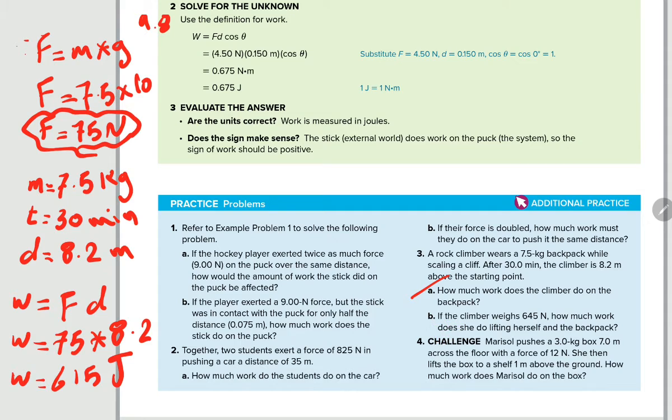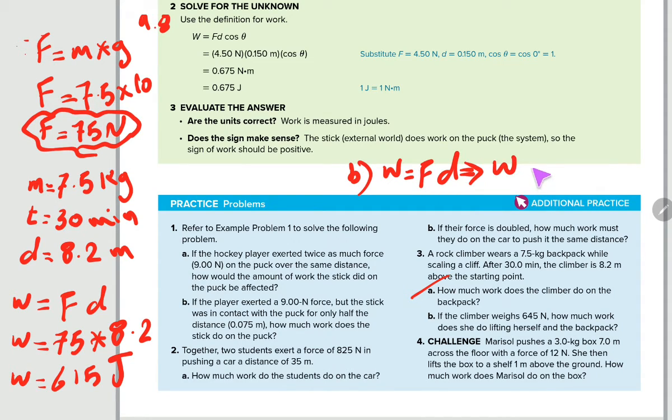And about question B, if the climber weighs 645 Newton, how much work does she do lifting herself and the backpack? Because here we have the weight, 645, the weight in Newton, the weight also represents the force. We can solve it just like this. B: W equal to F d.